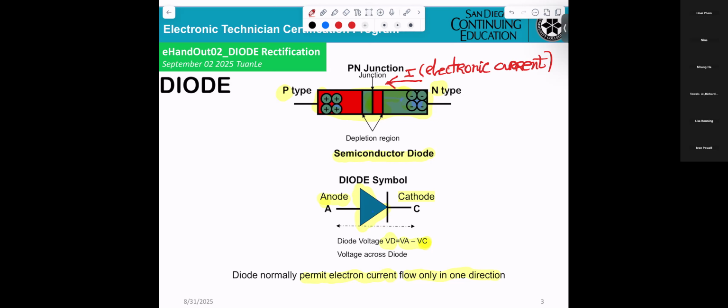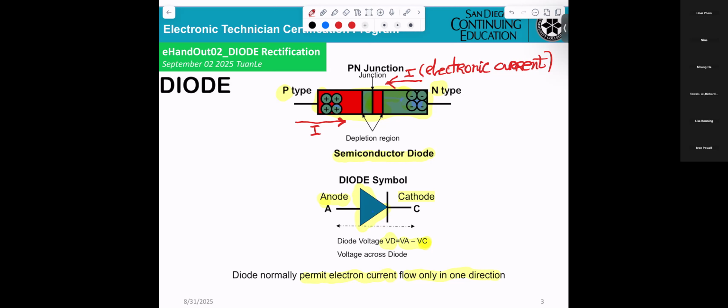However, we deal with the conventional current. So current will flow this way. That means the current flows from positive to negative. And the current flows only one way.